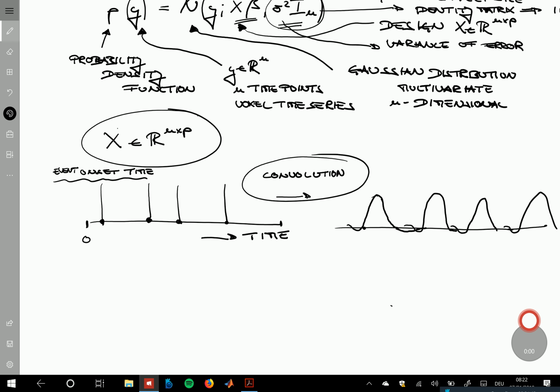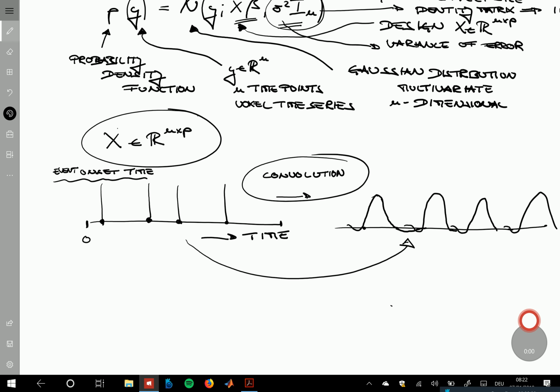And this linear time invariant system behavior and the idea that you can essentially do this and create a meaningful regressor, this is tightly interlinked, and this is what I want to discuss today.